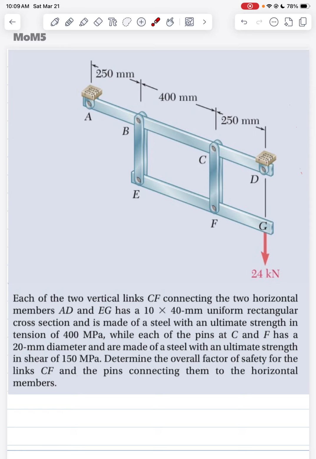Determine the overall factor of safety for the links CF and the pins connecting them to the horizontal member.